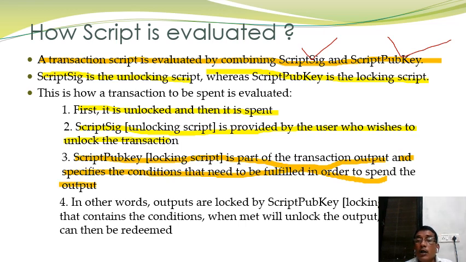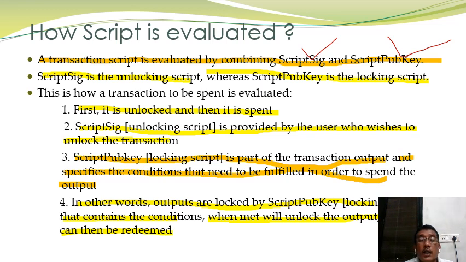If we want to spend the output, then whatever conditions are specified in the locking script need to be fulfilled. In other words, the outputs are locked by the script public key, or you can say the locking script, that contains the conditions, and when the conditions are met, the output is unlocked and can be redeemed by the inputs.